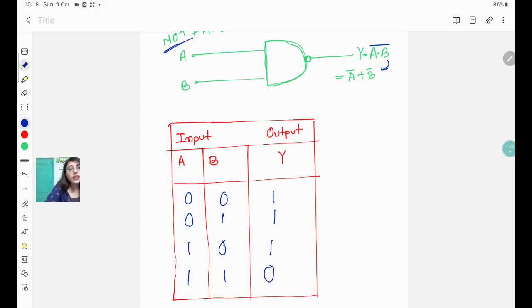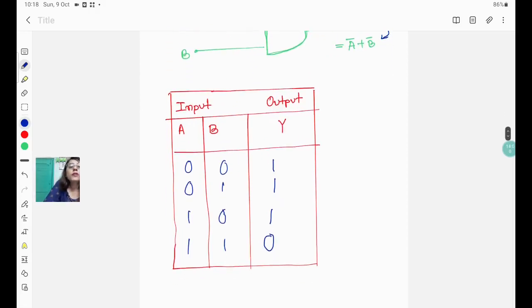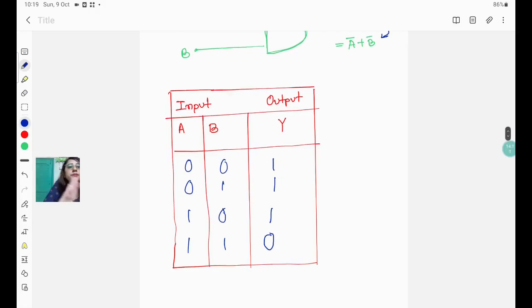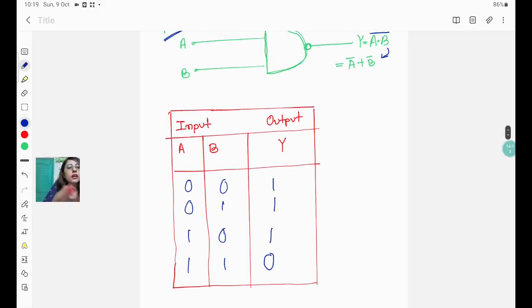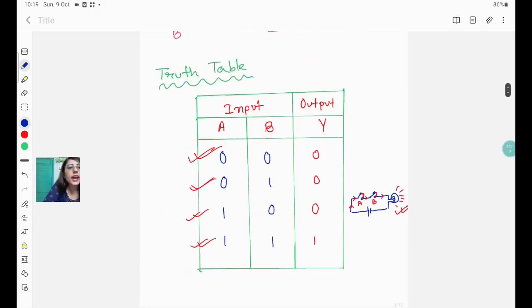So we can have that only in the case when both of them are on, only in that scenario the circuit will switch off, which is basically absolutely reversible or absolutely the reciprocal of that one in the AND gate.